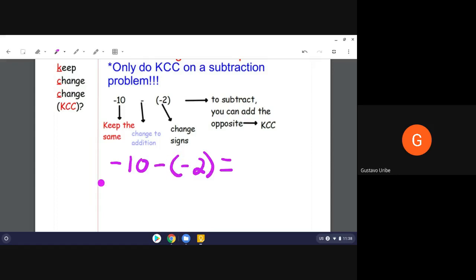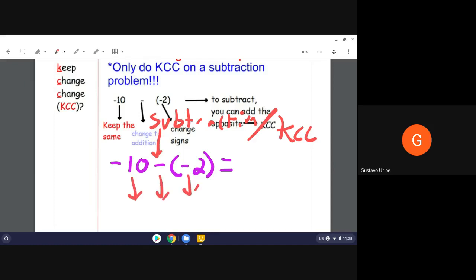And in a bit, I'm going to show you a shortcut. But let's go ahead and follow. I see that I have a negative in between, which is a subtraction problem. So I'm going to do KCC for this. So I'm going to draw 3 arrows to each one of these terms. The first one is a K, so we're going to keep this the same. We're going to change this one and change this one.